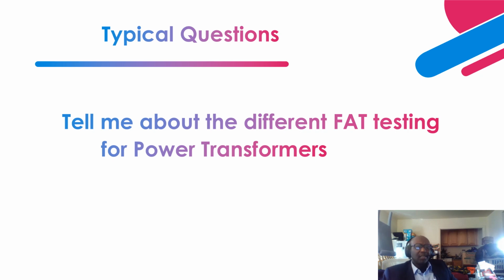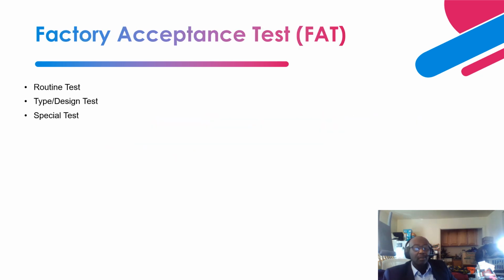Another good question is: tell me about the different factory acceptance testing that can be performed on power transformers. This is how to answer it. The first one is routine tests, the next is design tests or type tests, and then special tests. You don't just tell them these are the tests; you have to break it down. Under routine tests, what types of testing can be done?